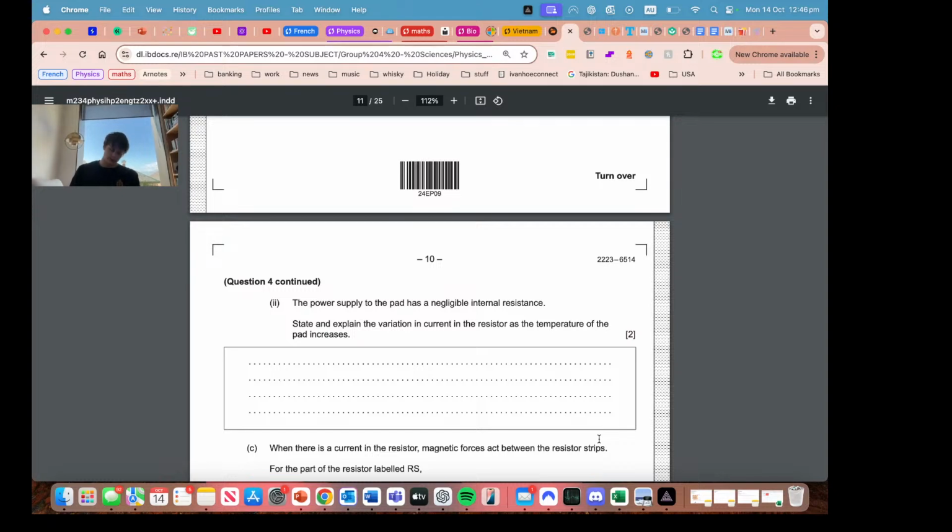And to find between the two coils, it's going to be ES minus 1/3.